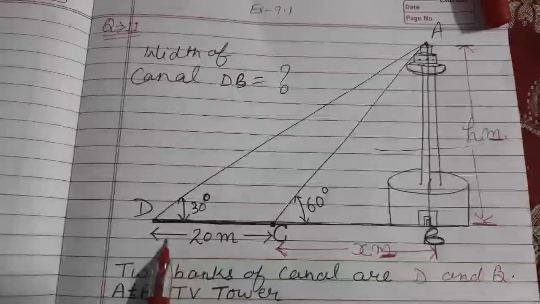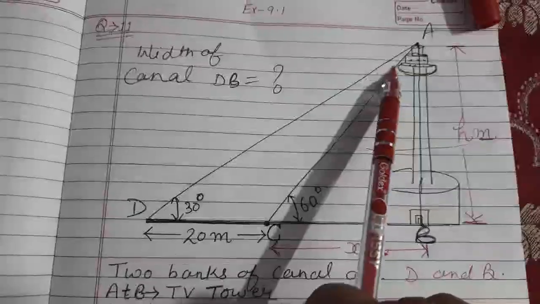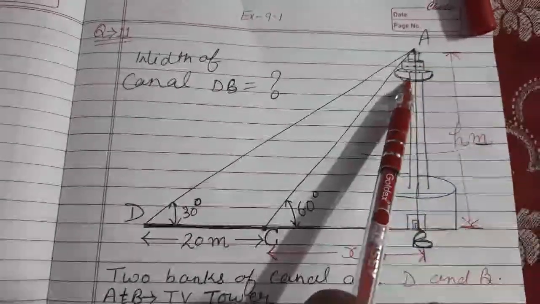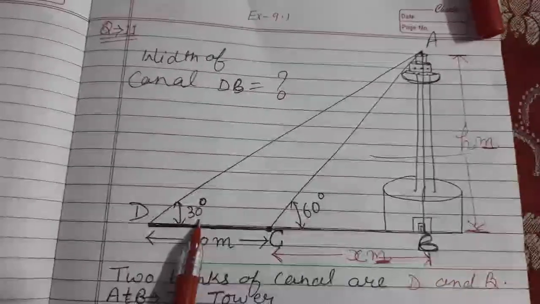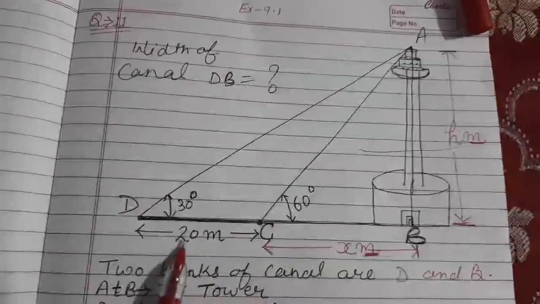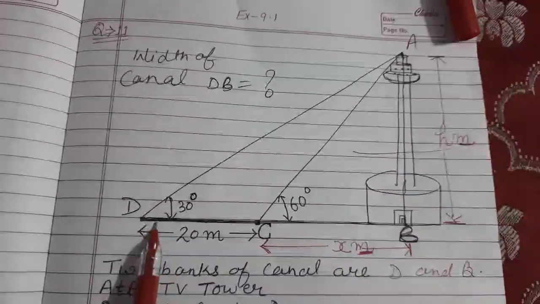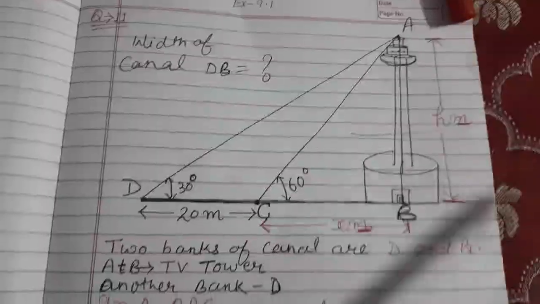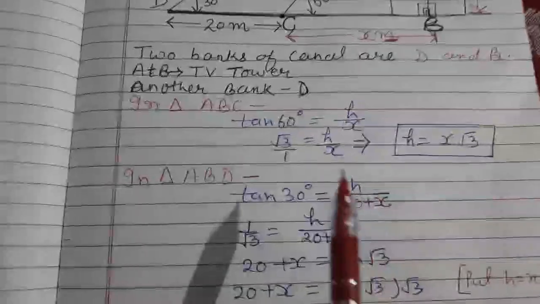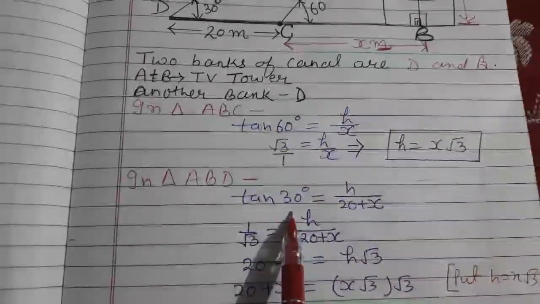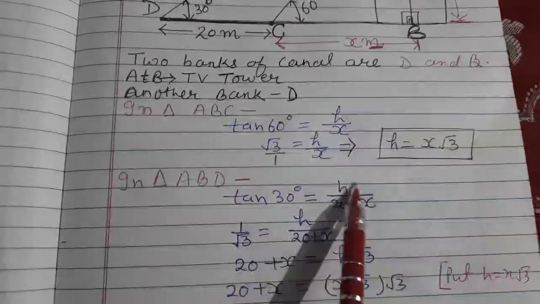This is the first point from where the angle of elevation of the top of the tower was 30 degree. Now this time we have height and the complete base DB. So tan 30 degree is equal to perpendicular upon base.